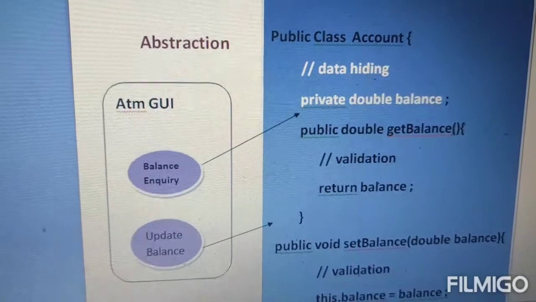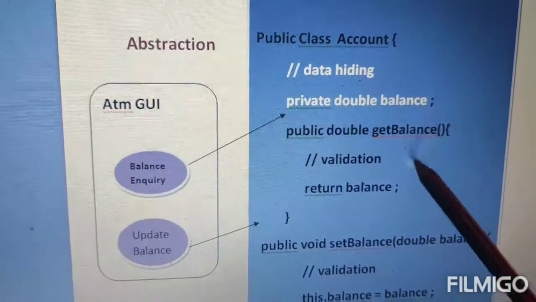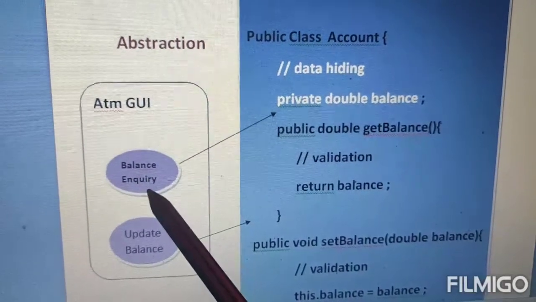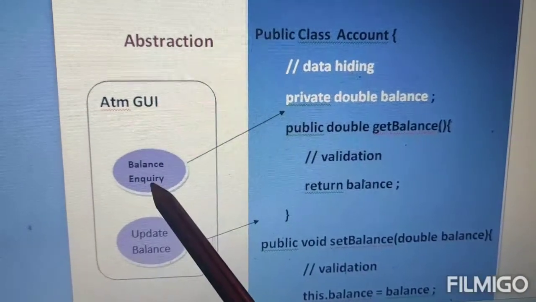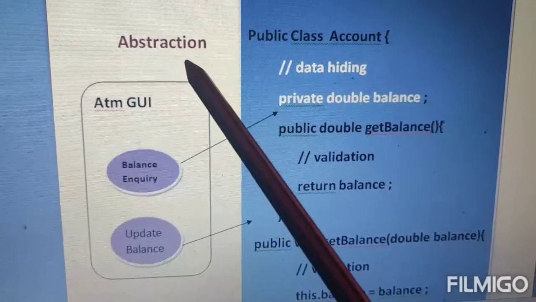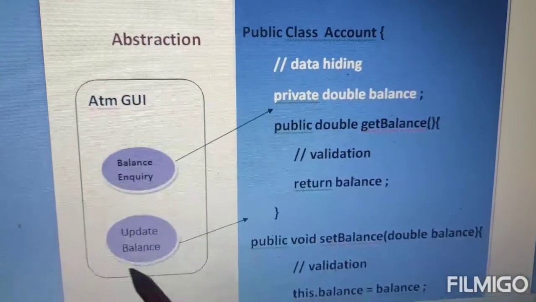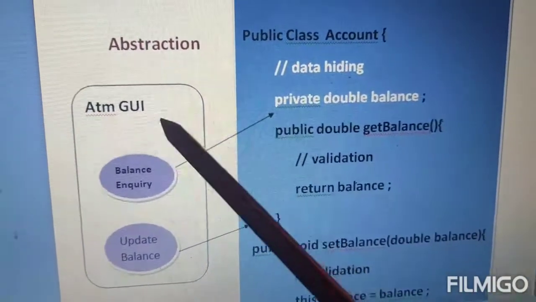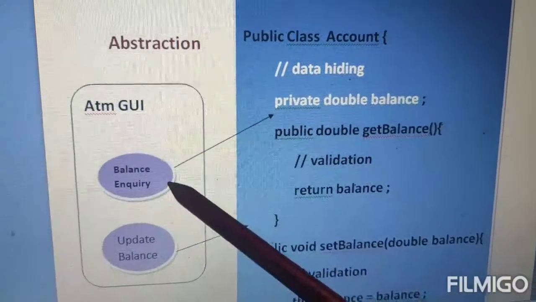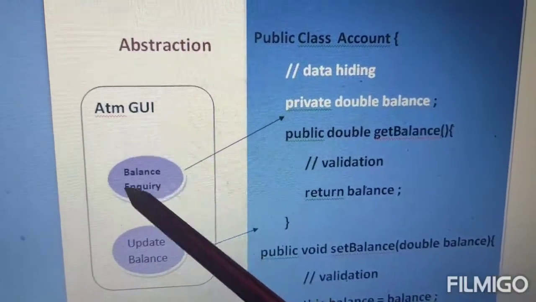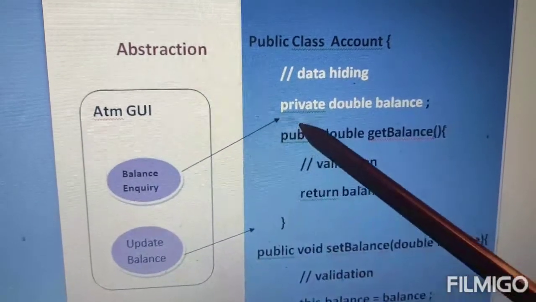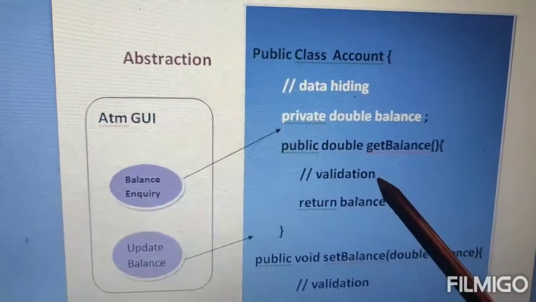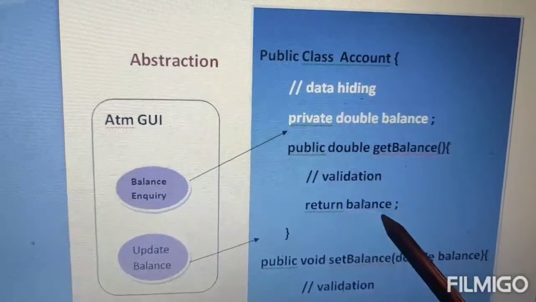The end user doesn't know what is internally implemented, what is going on behind this screen. So we achieve abstraction through this ATM GUI, which is a kind of interface. Whenever the user clicks on balance inquiry, it will hit the get balance method. Internally validation will be applied and it will return the balance.